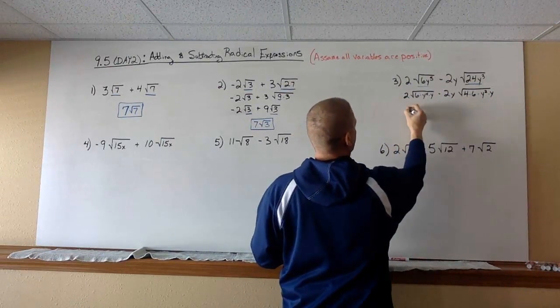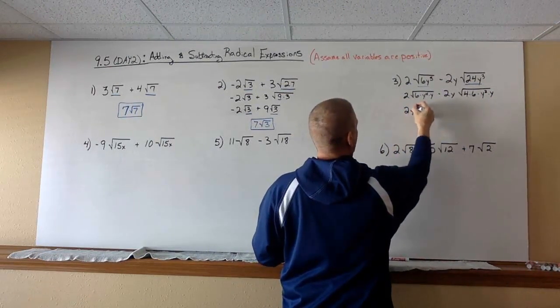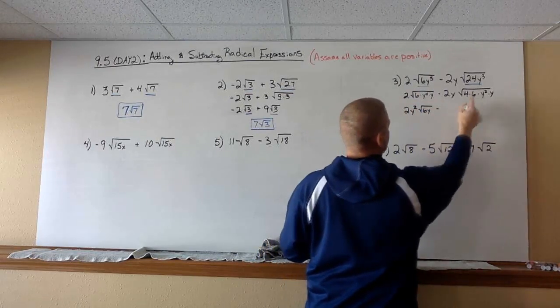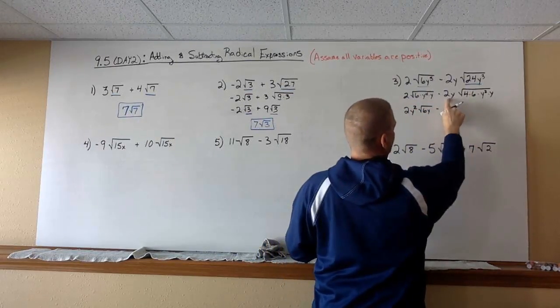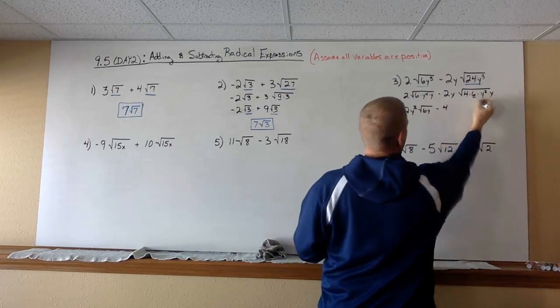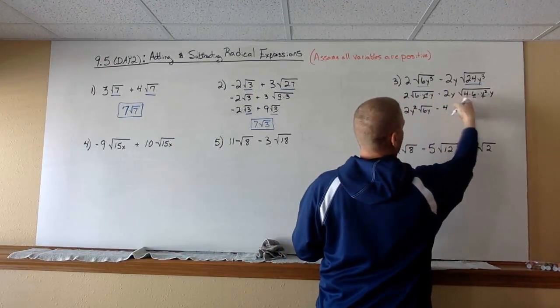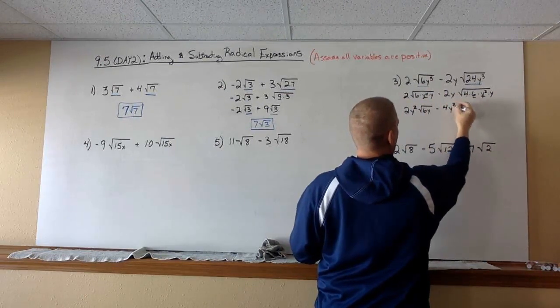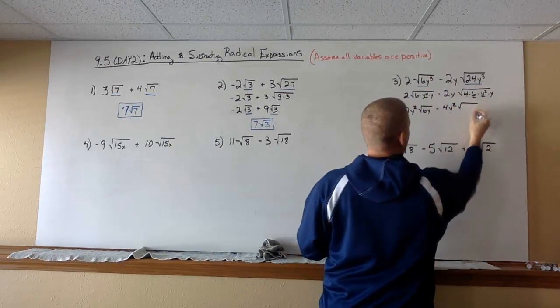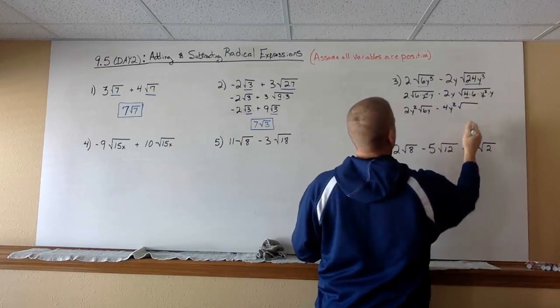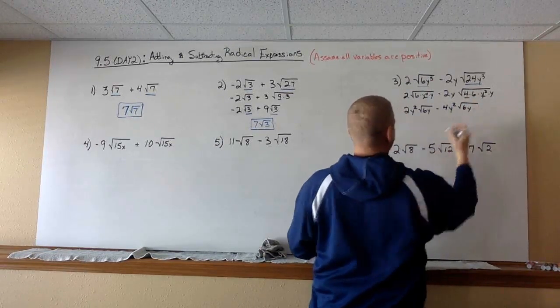So what comes out is this is 2y squared, square root 6y, minus this 2 comes out with this 2 for a 4. Perfect square came out. This perfect square is going to come out. That's a y times a y gives me a y squared. Square root, I took the 4 out, not the 6, I'm sorry, 6y.